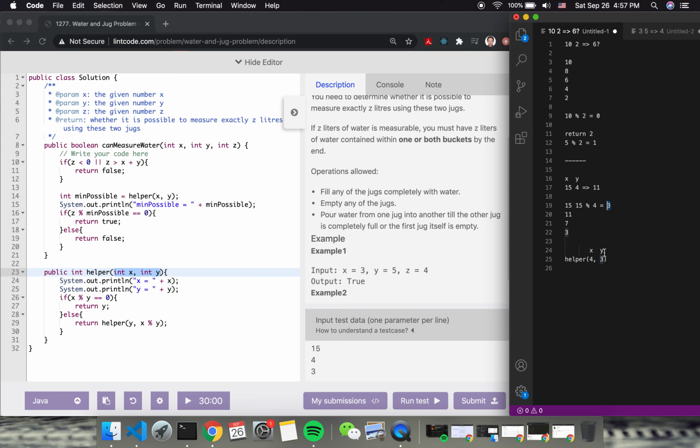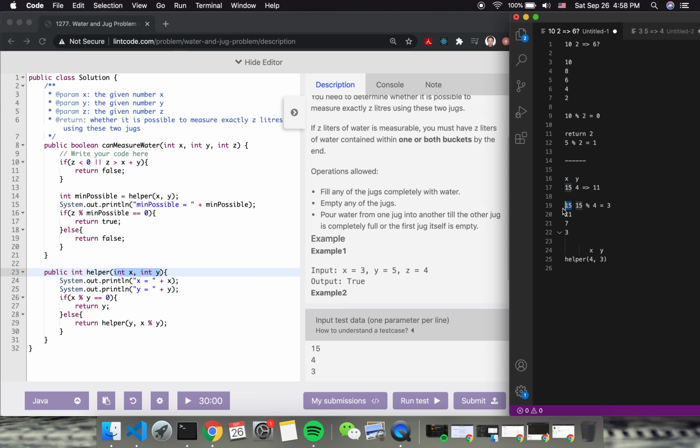And then we get the mod is 3. If we are not allowed to pour the bottles over and over, then we only have 15 and 4. But since we can pour the 2 bottles together, we have some extra volume, and this extra volume is 3. So what does this 3 mean? Imagine it logically.